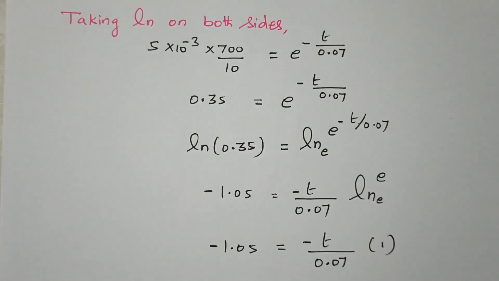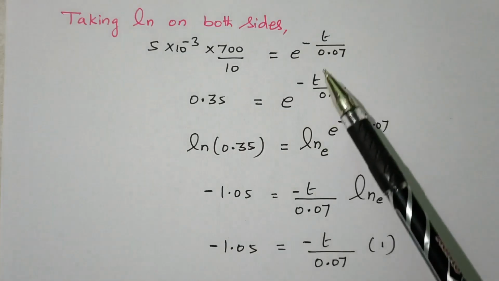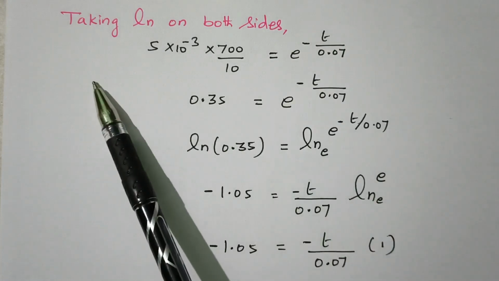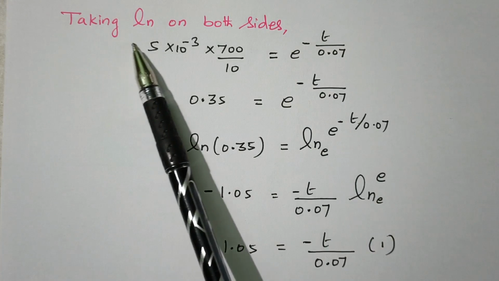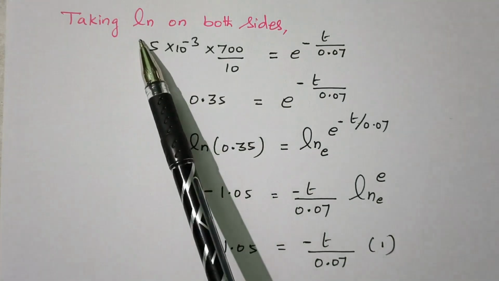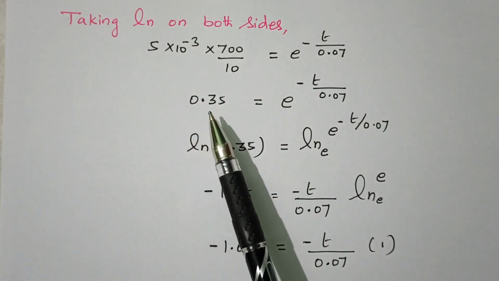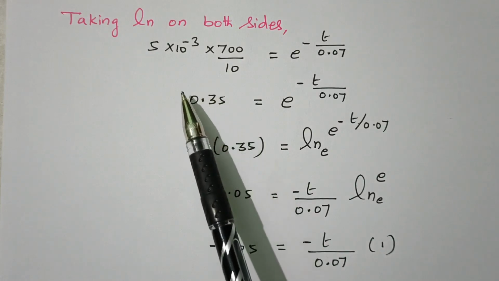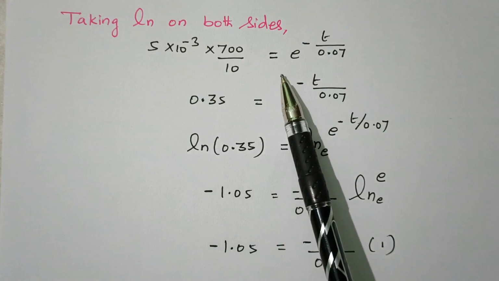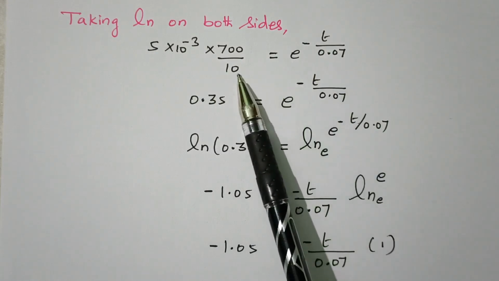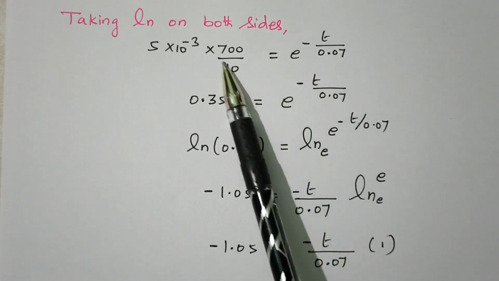In order to find the time taken t, the e power is there, so we can take the log. We'll take the log on both sides with base e. Before that, it is simplified: the term 10 divided by 700 is brought to this side.